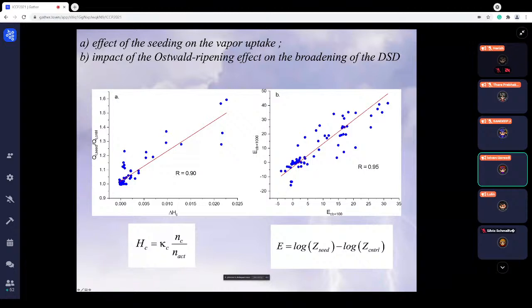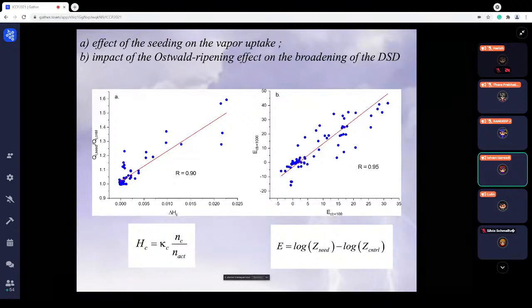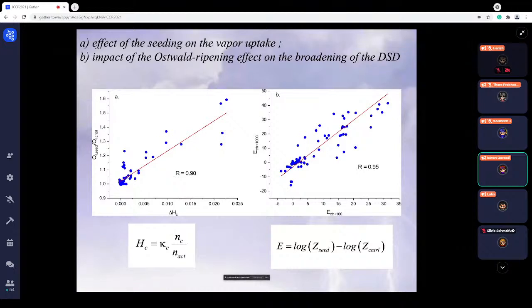We can find a strong relation between these 2 parameters. What is the physics behind that? ACB plus 100 reflects how the diffusional growth impacts the size distribution of the particles, and ACB plus 1000 reflects what happens if we take into consideration collision-coalescence.